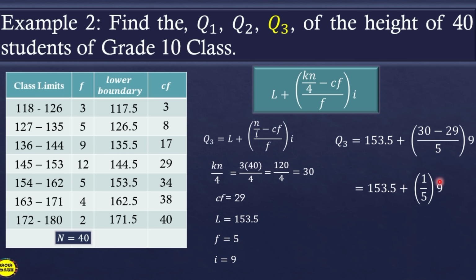So, that is 1/5, no? 1/5 times 9, 1.8 plus 153.5. The answer is, okay, 155.3. Ibig sabihin, yung third quartile natin is 75%, okay, of the students, yung height nila ay mas mababa sa 155.3.